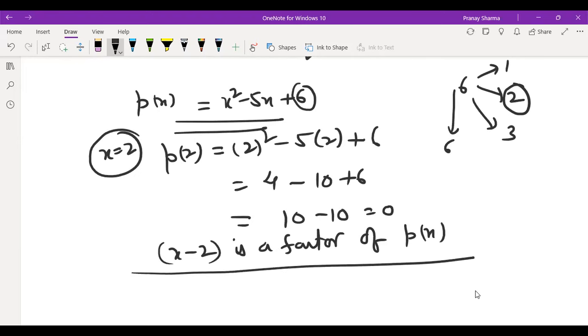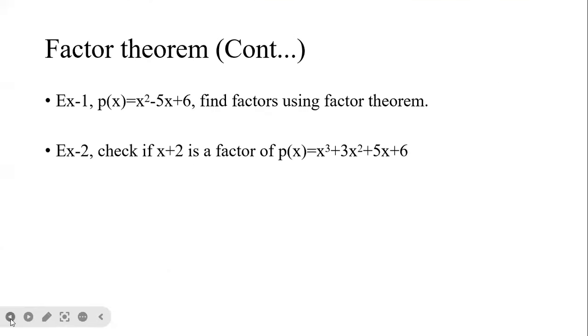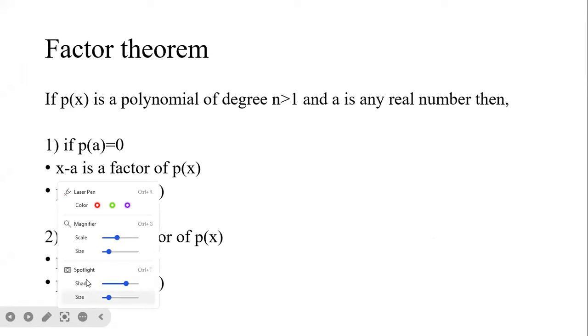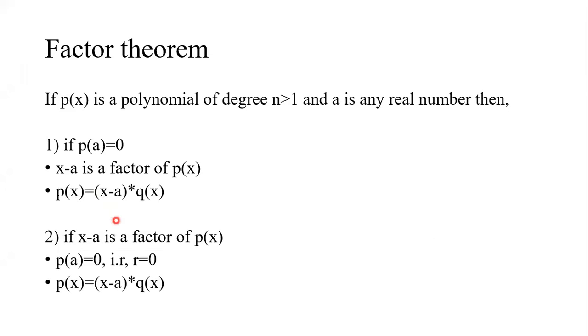Second statement, right? Let me go back to the statement again. See, if x minus a is a factor of p of x, that means at a we will be having the value of the polynomial as 0. All right, so that is what our statement is.